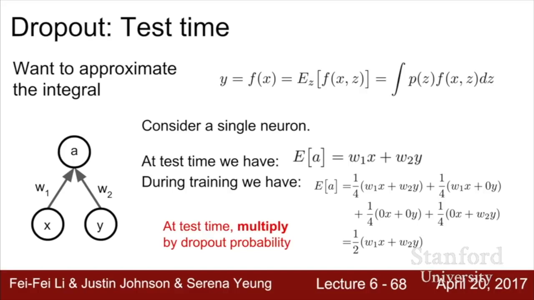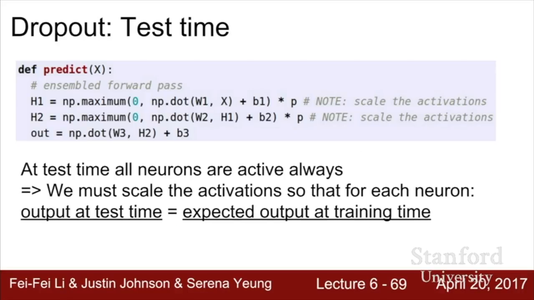So one cheap thing we can do is that at test time, we don't have any stochasticity. Instead, we just multiply this output by the dropout probability. And now these expected values are the same. So this is a local, cheap approximation to this complex integral. And this is what people really commonly do in practice with dropout. So at test time, we have this predict function, and we just multiply the outputs of the layer by the dropout probability.